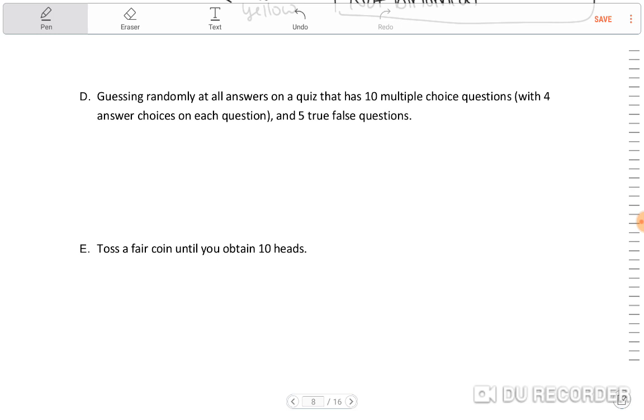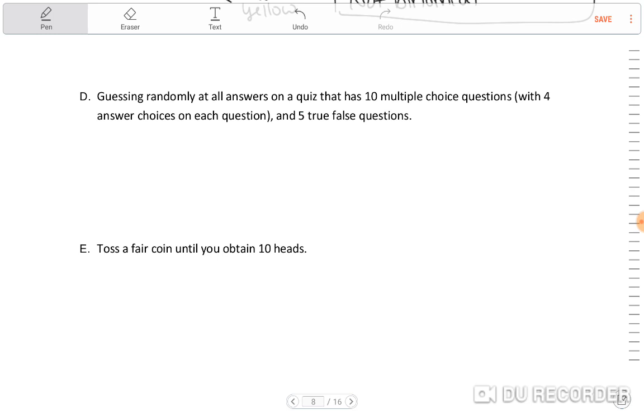So the probability here is not going to be constant for each trial. Each question has a different probability. These 10 multiple choice questions all have a 25% probability of success, but the true-false questions have a 50% probability of success. And therefore, the probability is not constant for each trial.